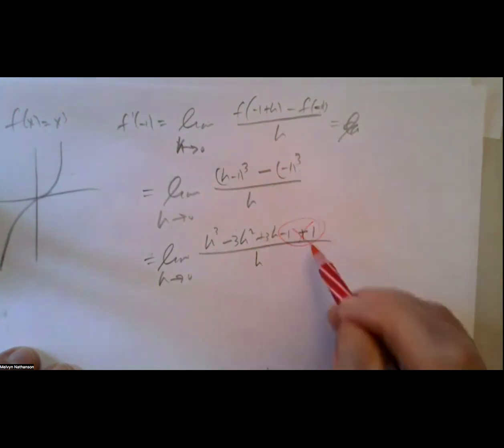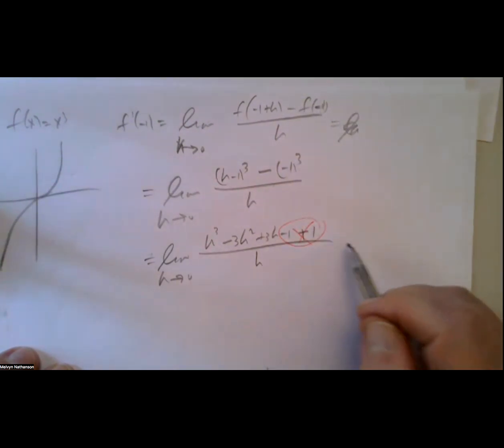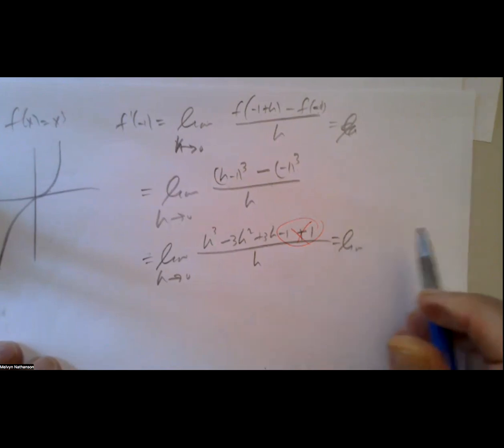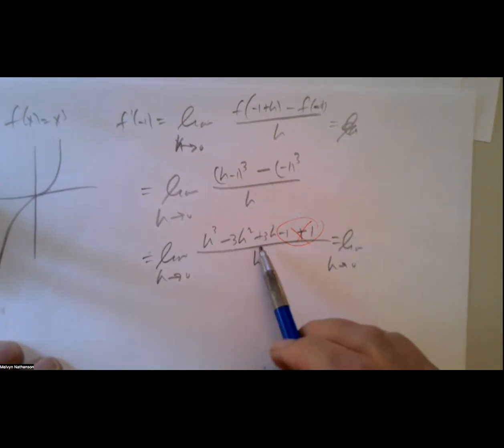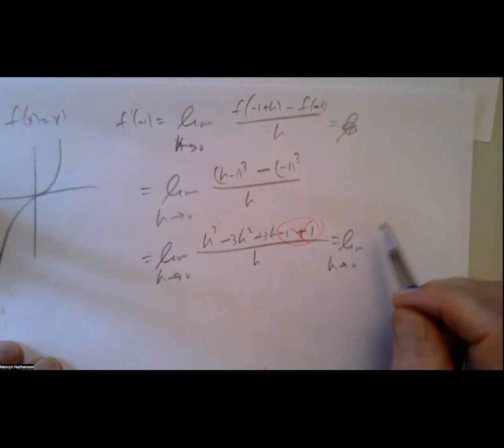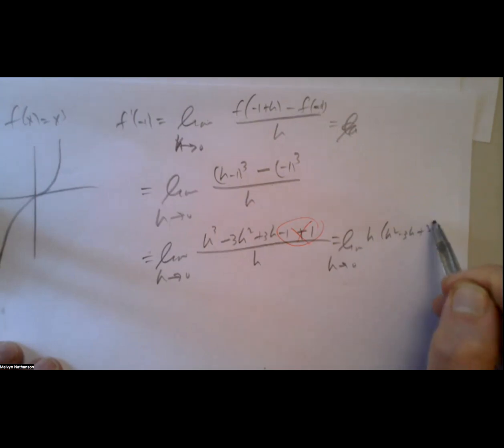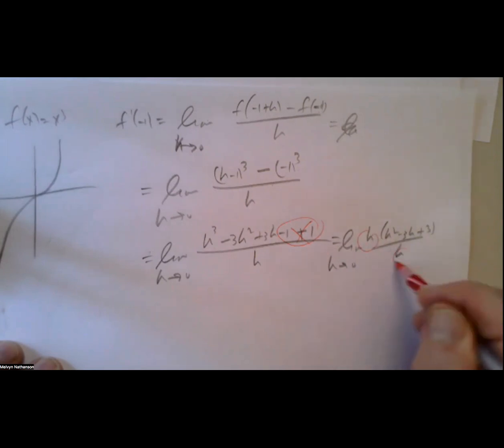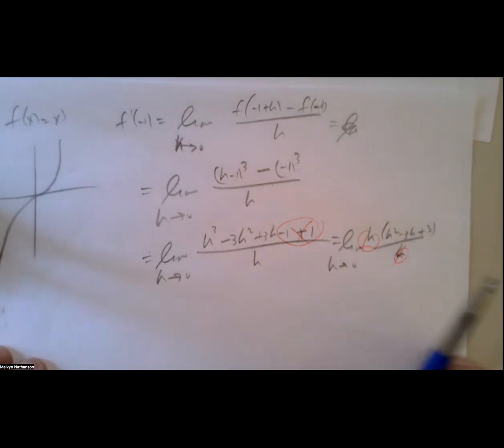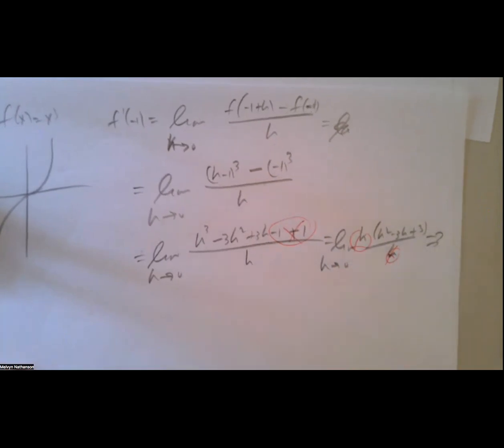So again, these two numbers cancel, and I have the limit as h goes to 0. If I factor an h out of this numerator, I get h times h squared minus 3h plus 3 over h. And the h's cancel. And as h goes to 0, this limit is 3.